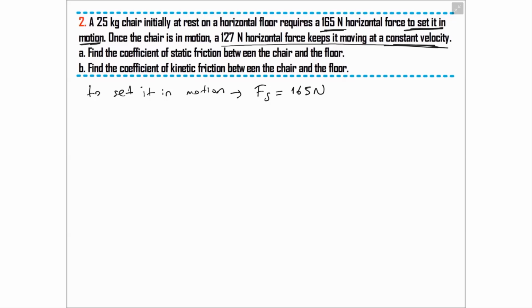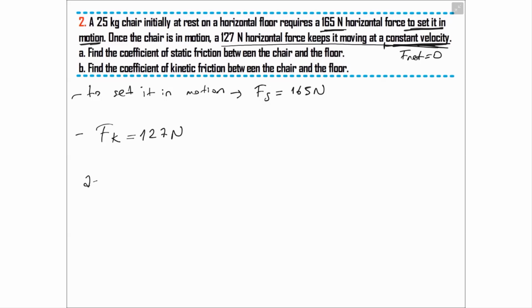And it says 127 Newton horizontal force keeps moving with the constant velocity. Constant velocity means F net is 0. So if the F net is 0, the force of kinetic friction must be the same as the external force. So Fk must be 127 Newton in this question.